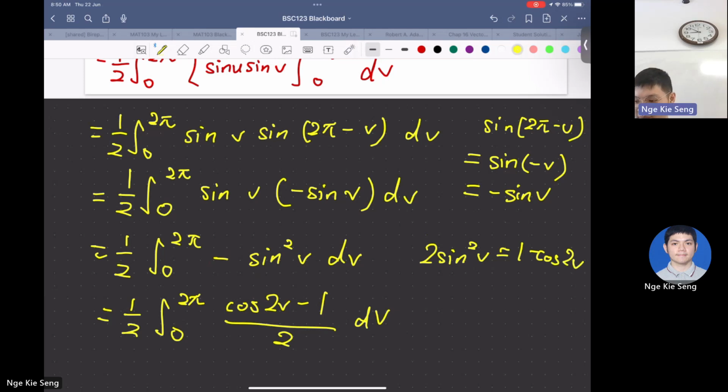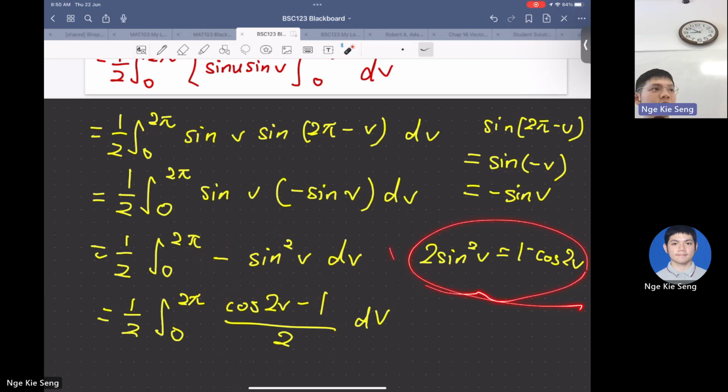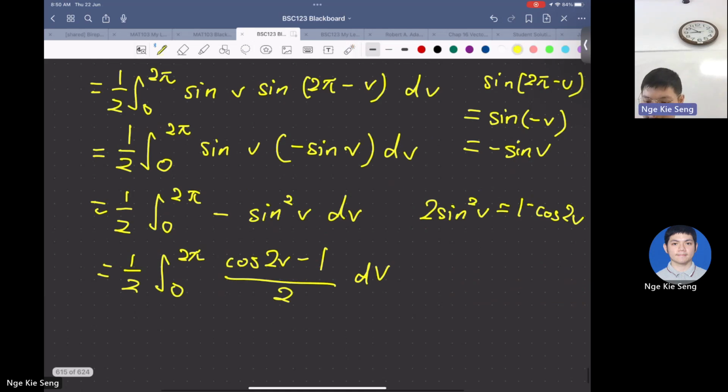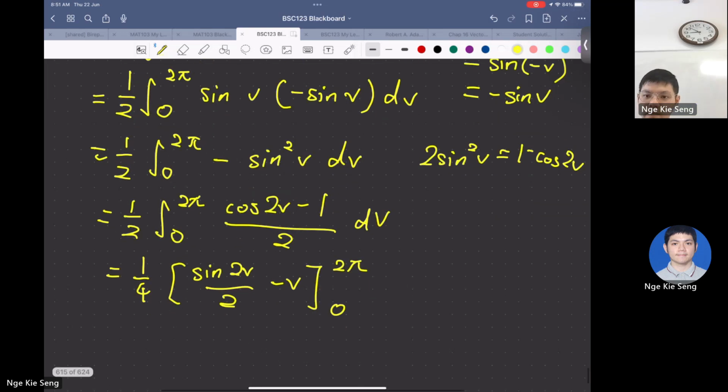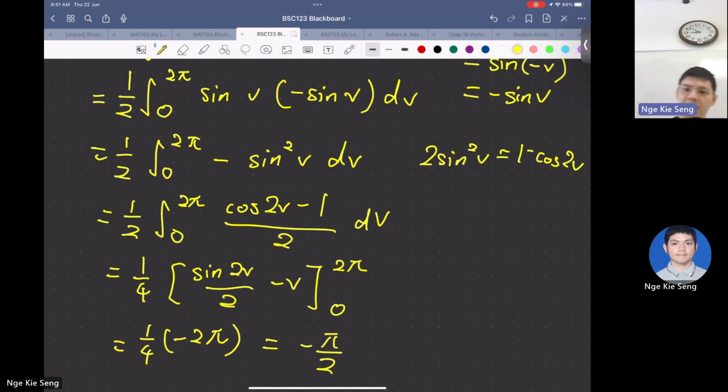Is this formula correct? Yes. So continue with this integral, and half times minus 2 pi, which is minus pi over 2.